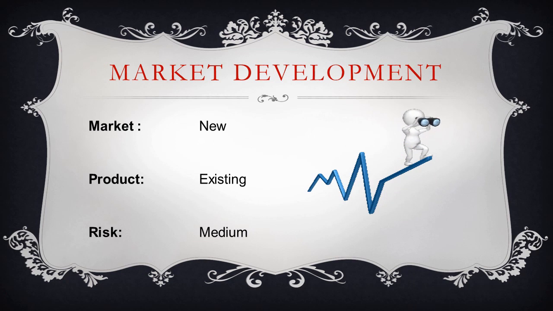Third growth strategy identified by Ansoff Matrix is market development. Now, market development means that the business is not able to sustain itself in the existing market and it needs to explore new market segments. It needs to jump into new markets in order to sustain itself on long-term basis. Now, it is only going to happen if we are going to manage our markets efficiently and effectively.